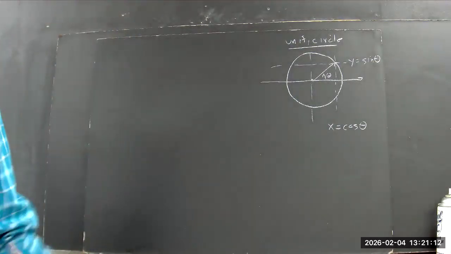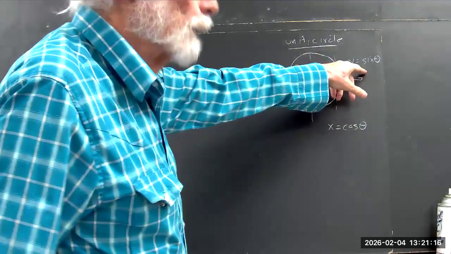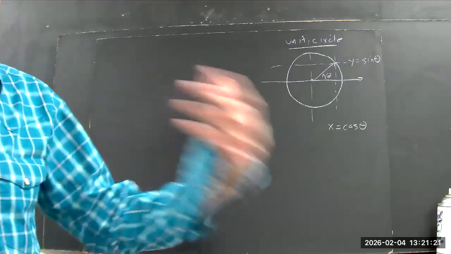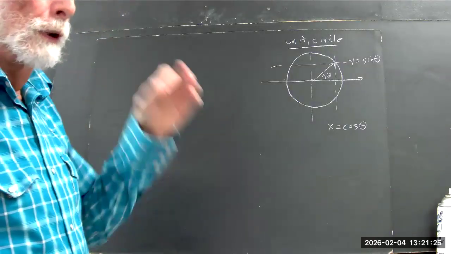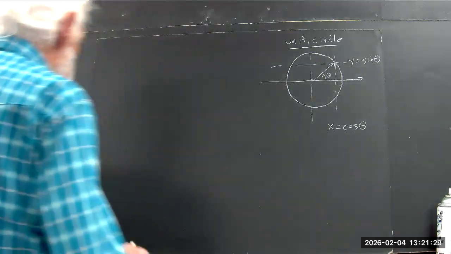Now, if the circle has radius A, then it would be A times the cosine of theta and A times the sine of theta. And that's your basic definition of your trigonometric functions, which I assume you know. And if you don't know it, you need to know it very well. So you can do this.